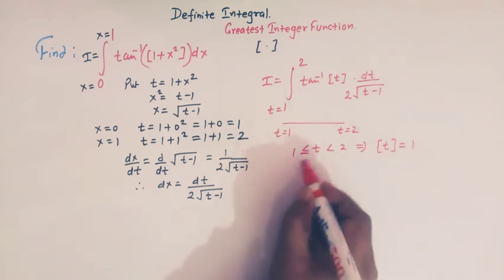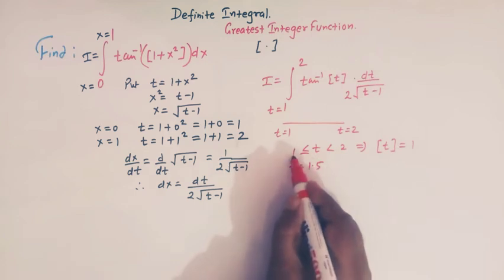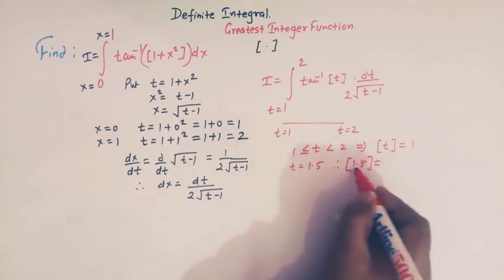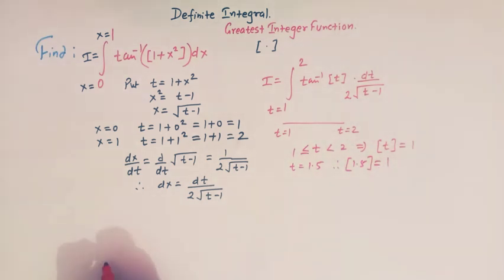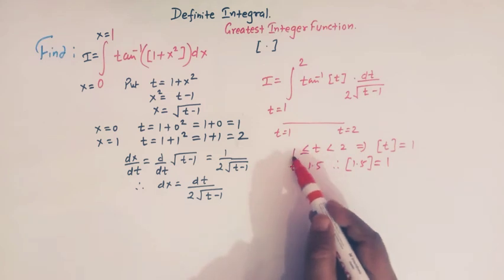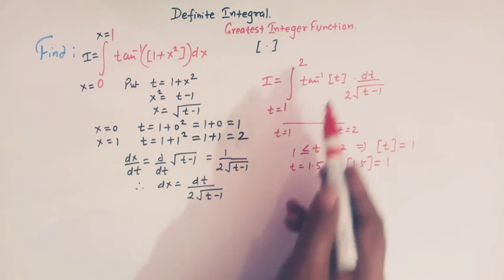So for example, if we take t is equal to 1.5, now 1.5 lies between 1 and 2, so therefore the value of greatest integer 1.5 is equal to 1.